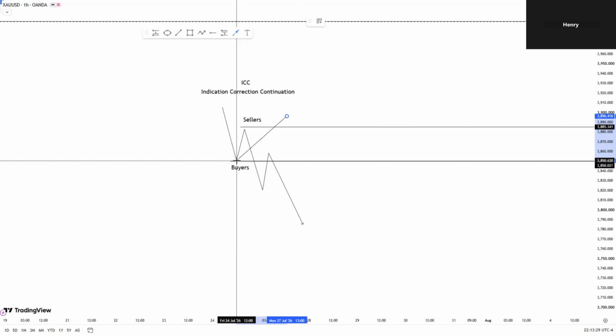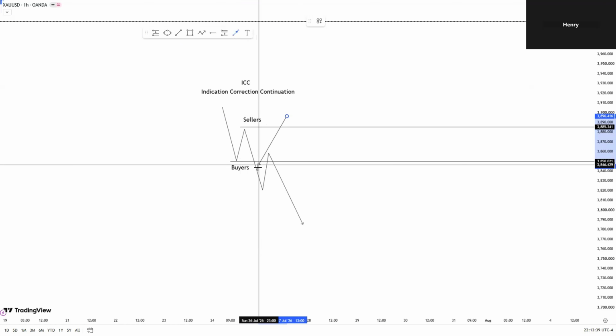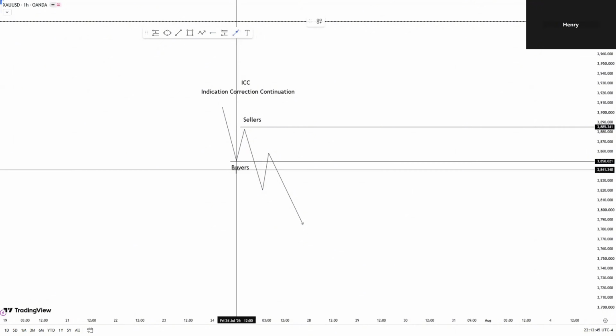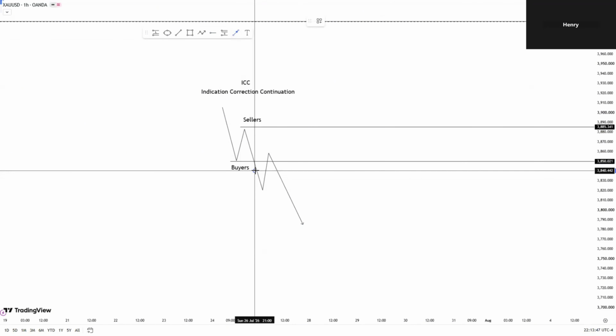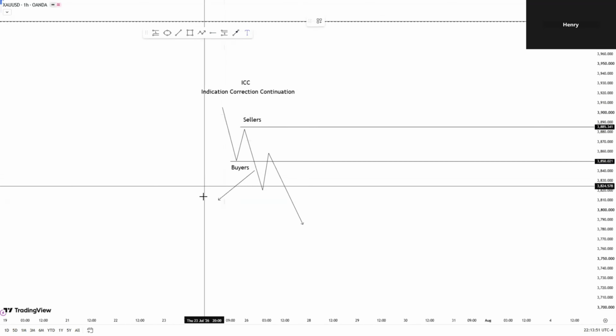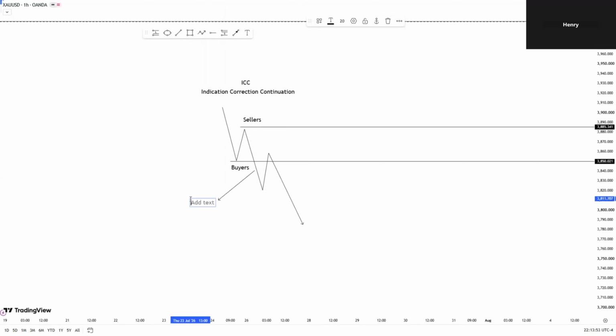This is our level of buyers, right? The moment price breaks underneath a level of buyers, a swing low, this breakout is what is called an indication. The moment price breaks underneath a level of buyers or sellers, this is our indication.